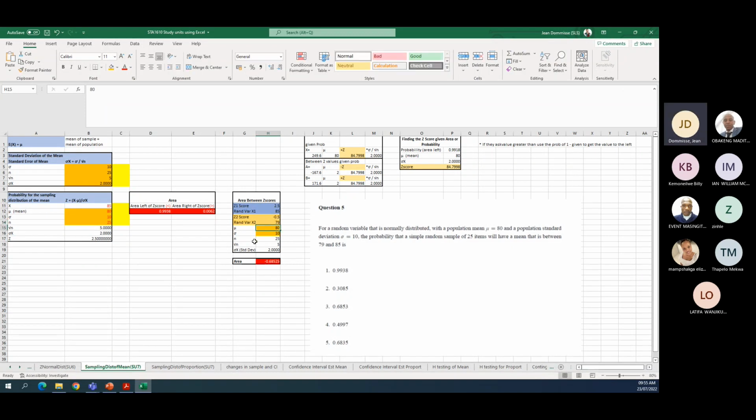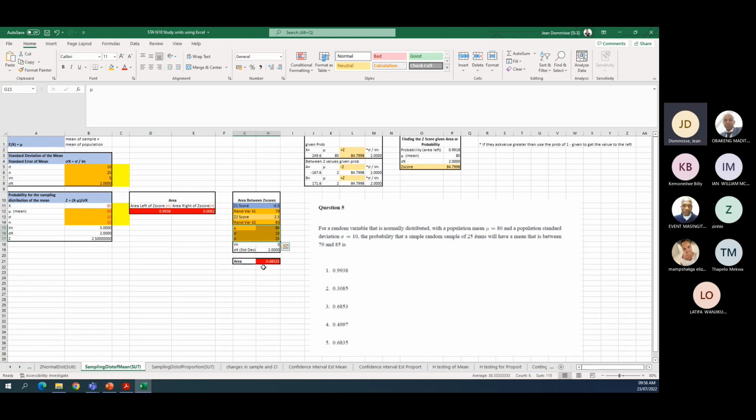Obviously, that needs to be your smaller one. I'll just change it. We'll make a note of that. Okay, so there's the one, the 79. There's the other one, the 85. We've put in those inputs.